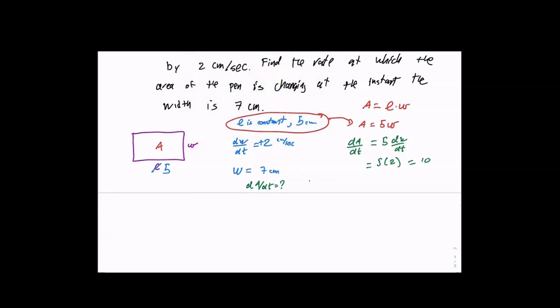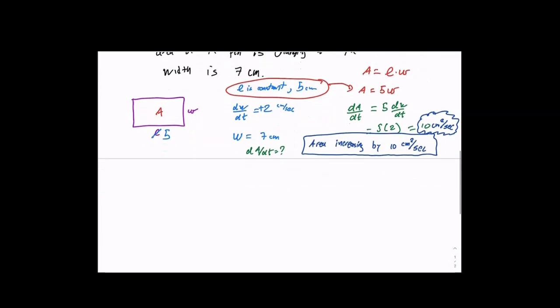So the area is increasing by 10 square centimeters per second. For tomorrow's work, I'd like you to write your answer in context. But of course, if it's Delta Math or multiple choice, we got that 10. Units are important for the problem.